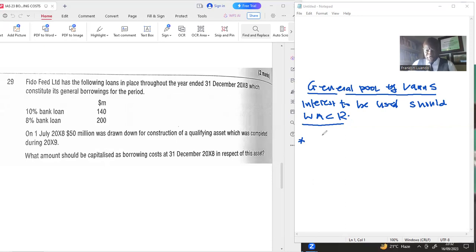Capitalization of interest ceases on the completion of the asset.